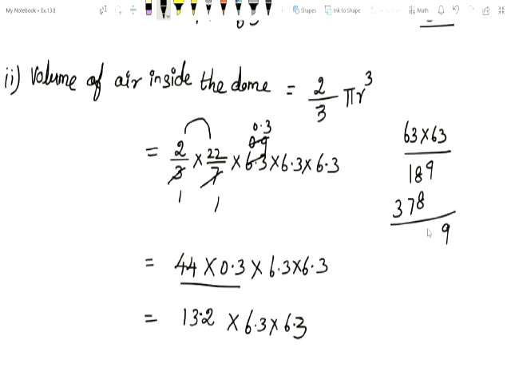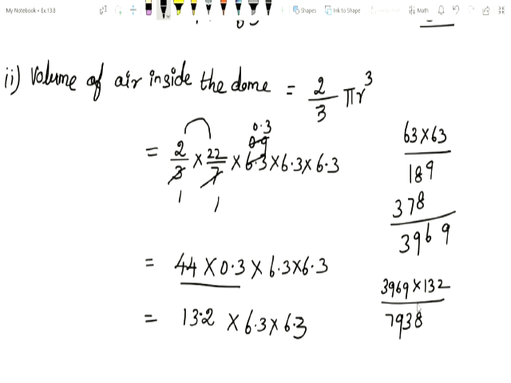Now you multiply with 13.2. So except decimal you take 132. 2 9s are 18, 8 remaining 1, 2 6 are 12, 12 plus 1 13, 3 remaining 1, 2 9s are 18, 18 plus 1 19 remaining 1, 2 3s are 6, 6 plus 1 7.